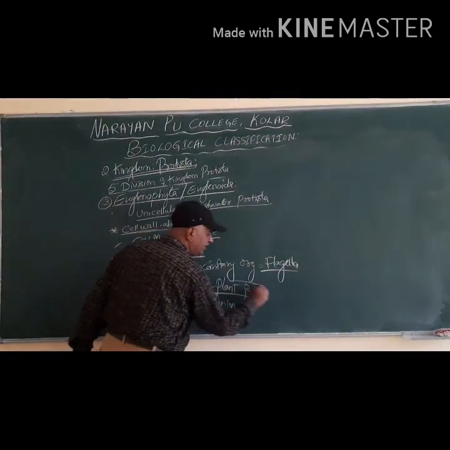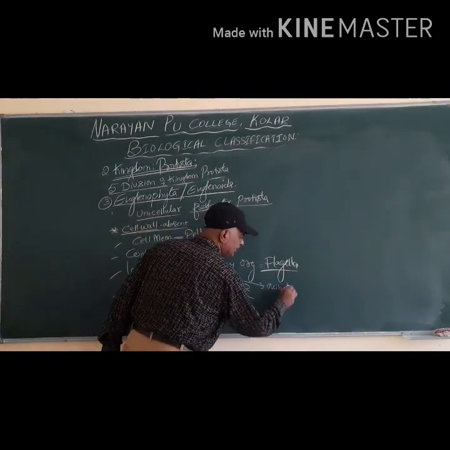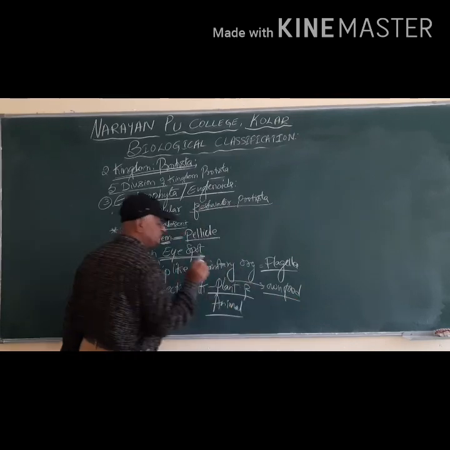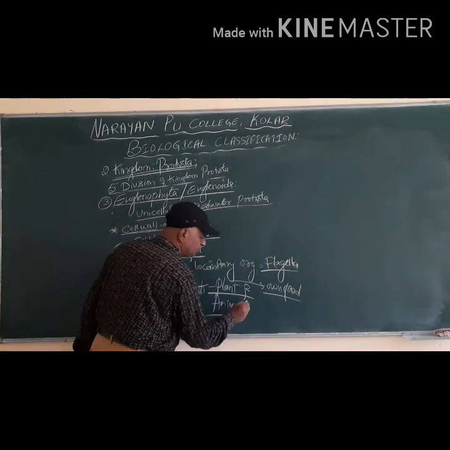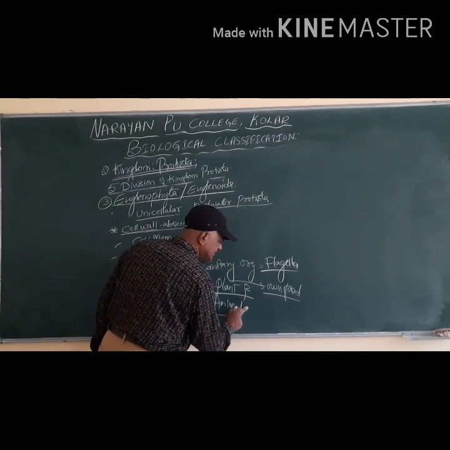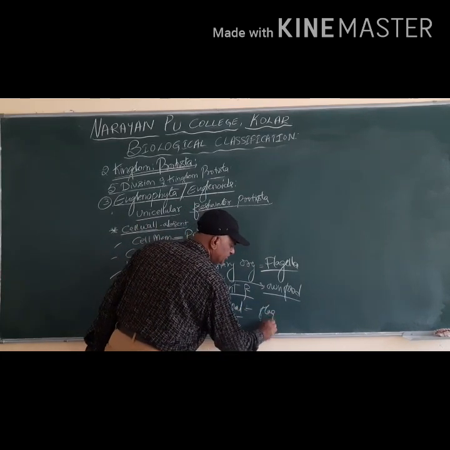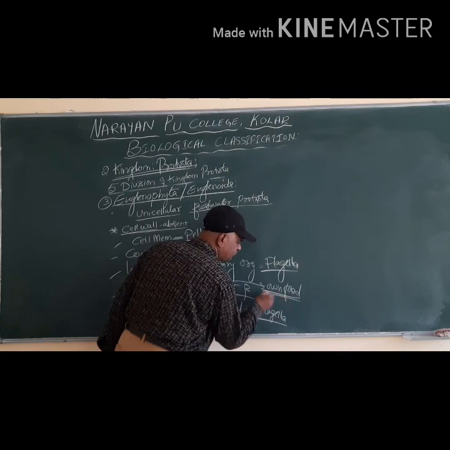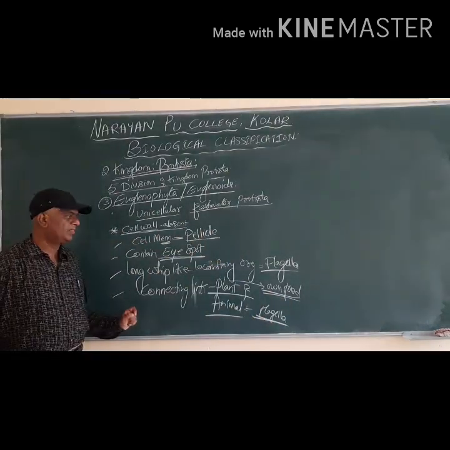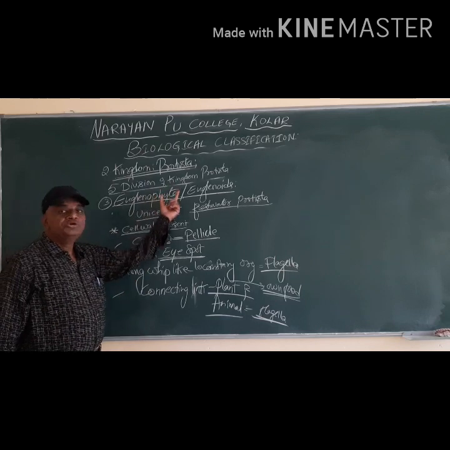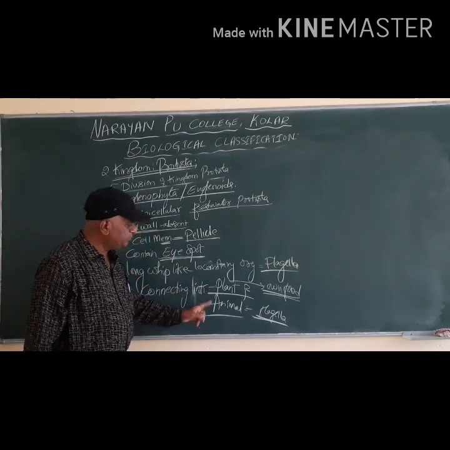It can prepare its own food, hence it is considered a plant. Because of locomotion with the help of flagella, it is considered an animal. So it has both characters, food preparation as well as flagella. So euglena is a connecting link between plants and animals.